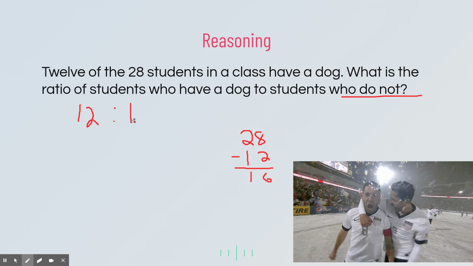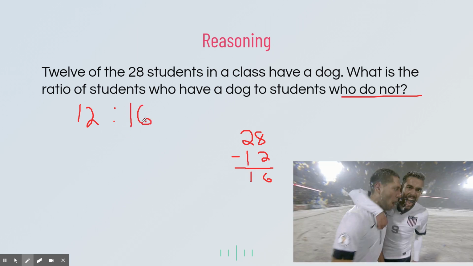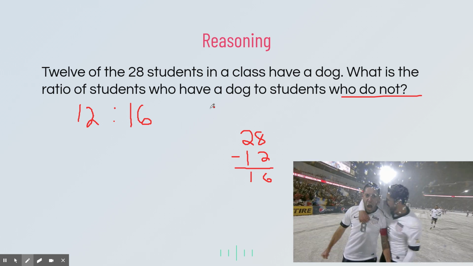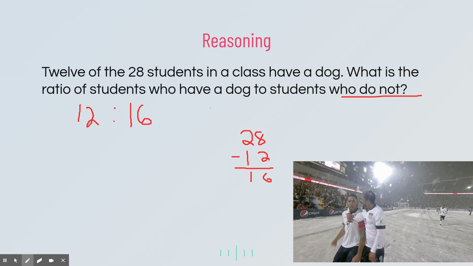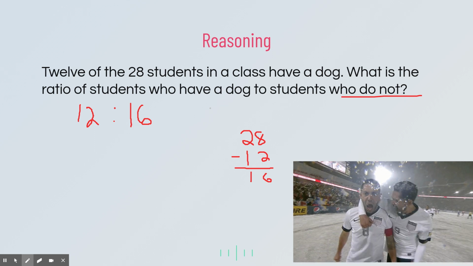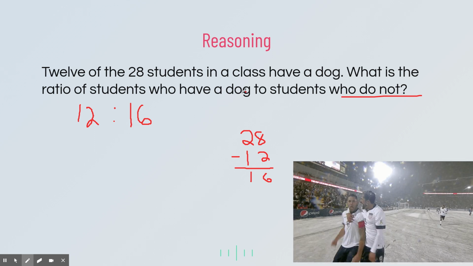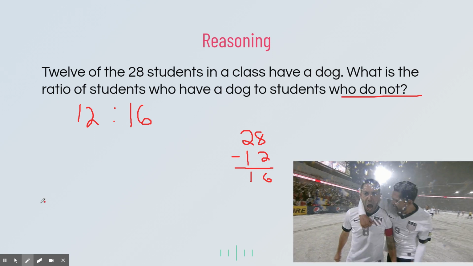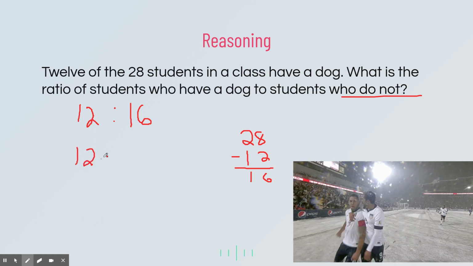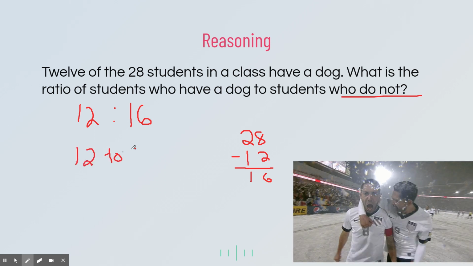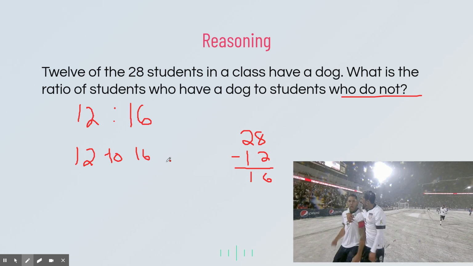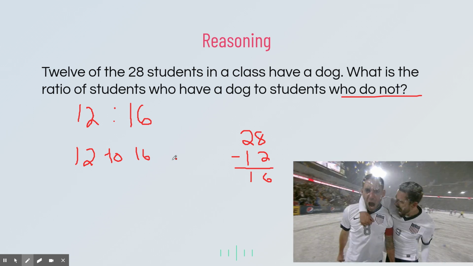So we have 16 students that don't have a dog. So our comparison would be 12 to 16, or 12 over 16, or 12 colon 16. They all mean the same exact thing.